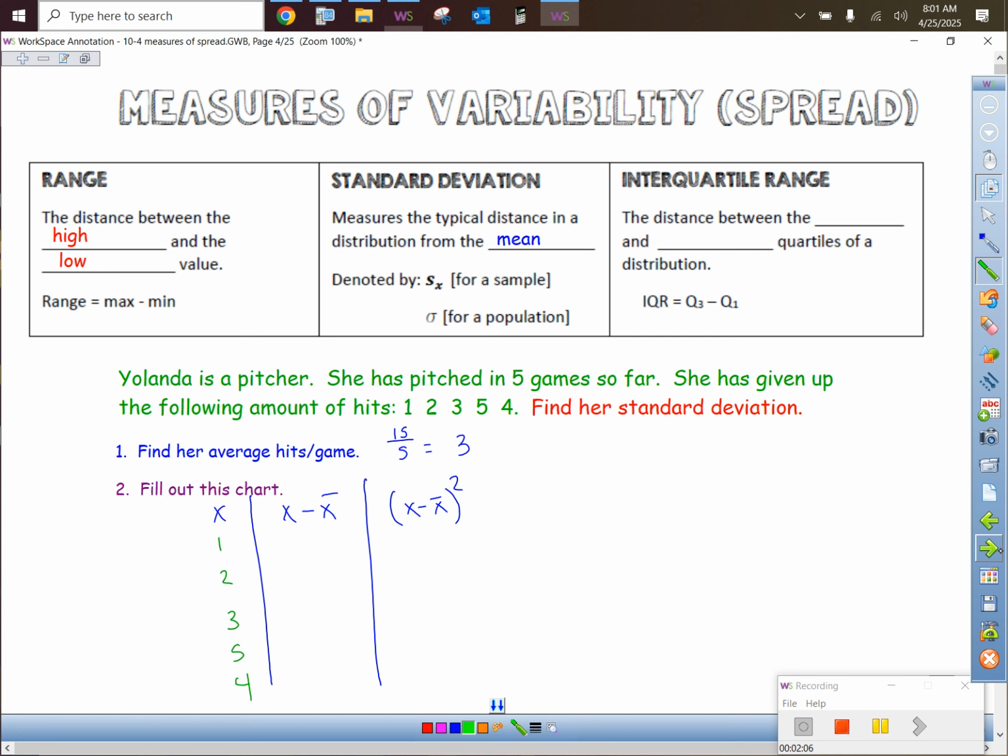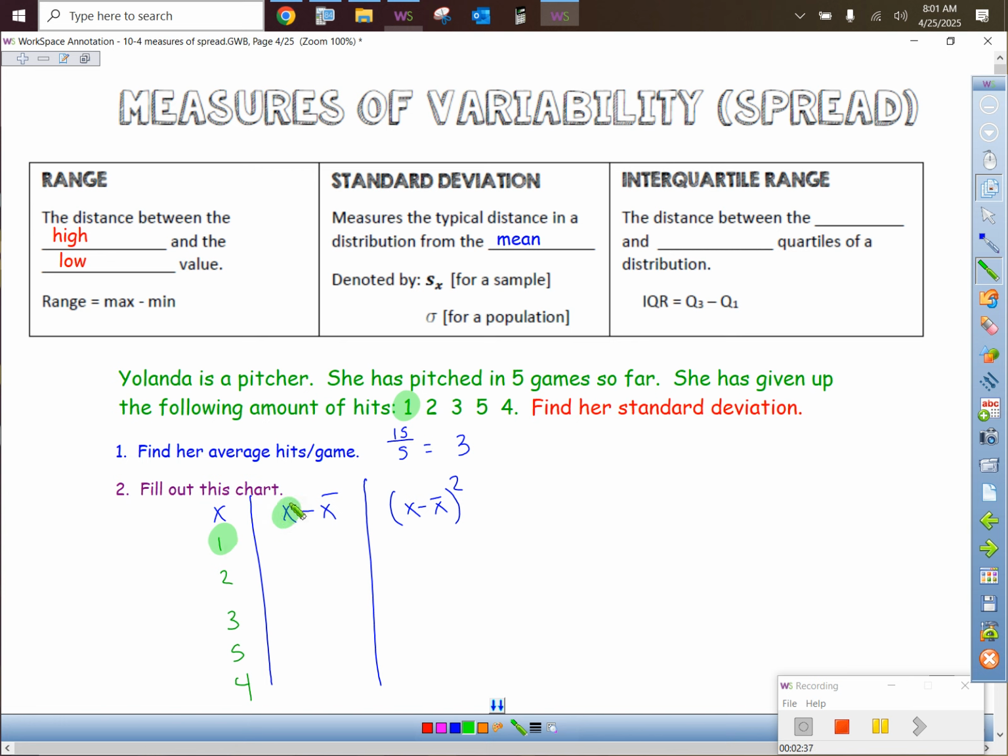But then here's what we do. I'm not going to use the proper vocabulary; I'm going to use words that we understand instead. We want to see how far each individual data point deviates from the mean. Isn't one of the games that she pitched in, she gave up 1 hit? So check this out.